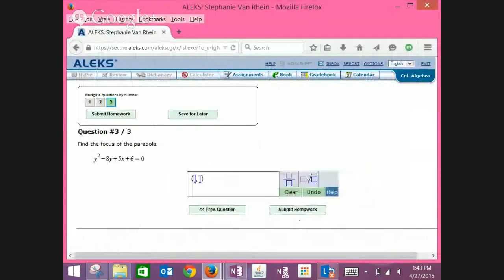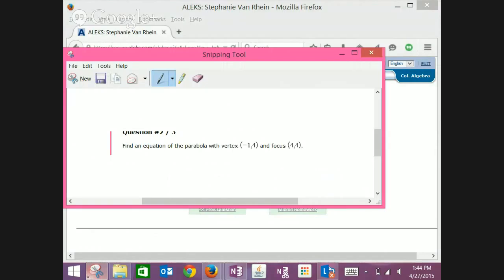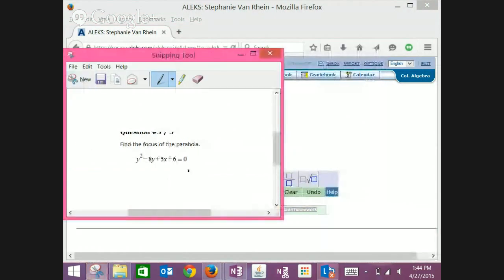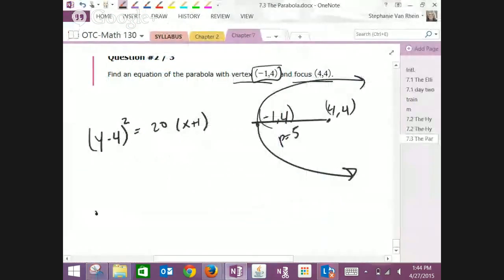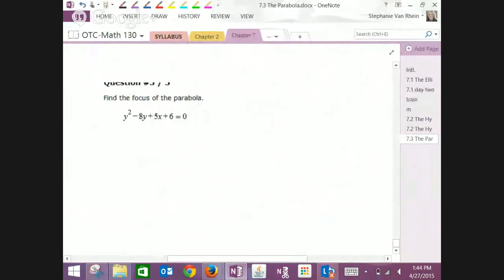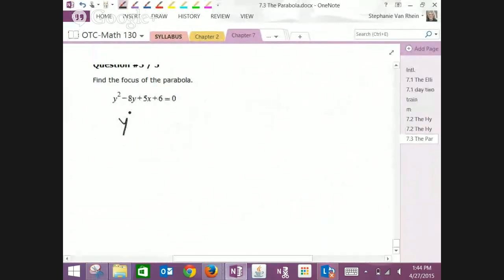The last question here, find the focus. Be careful whether it asks for the focus or the vertex. This is asking for the focus. Completing the square, I end up with y squared minus 8y equals -5x minus 6. Minus 8 over 2 squared means I'm adding 16 here. If I add 16 to the left-hand side, I have to add 16 to the right-hand side.